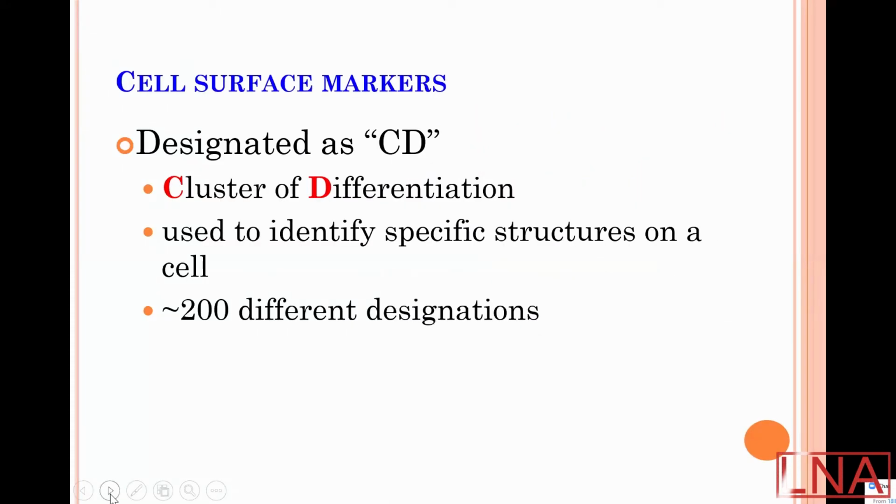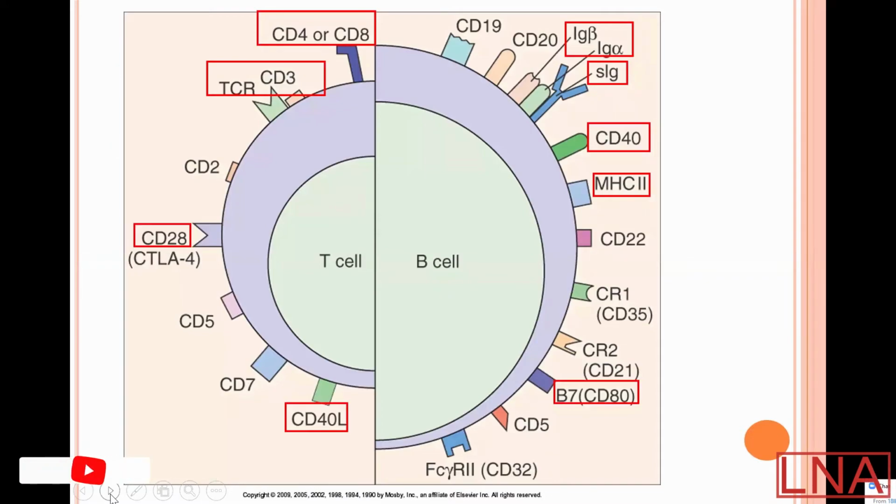You remember, we called T helper cells CD cells. Once again, why do we call it CD? Because it has a specific cluster of differentiation on its own surface. So each T cell has its own cluster of differentiation on the surface, and right now here you can see how it looks on a T cell or B cell.